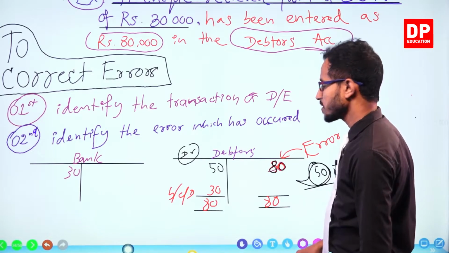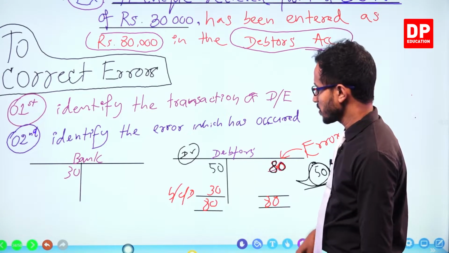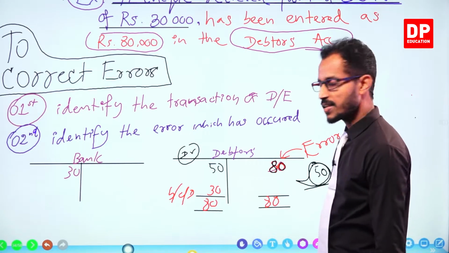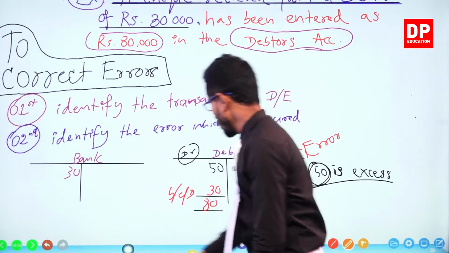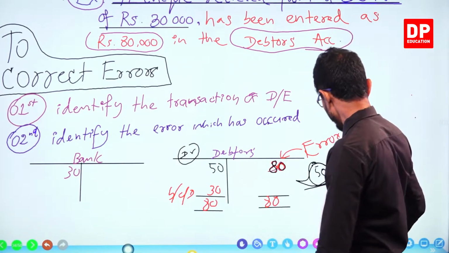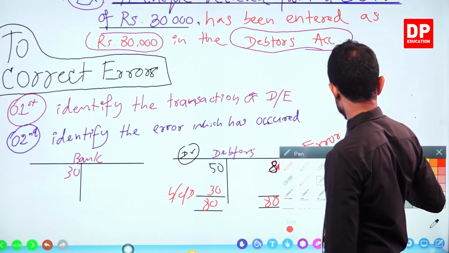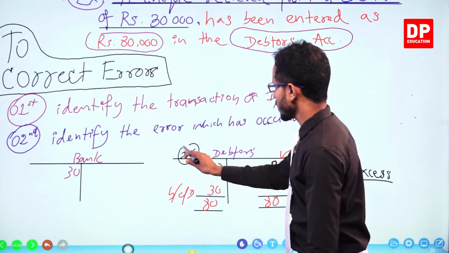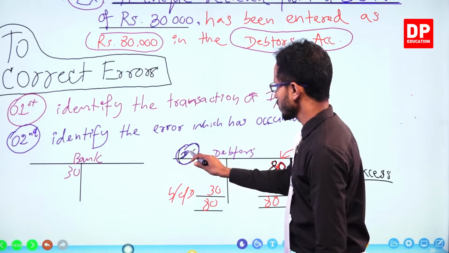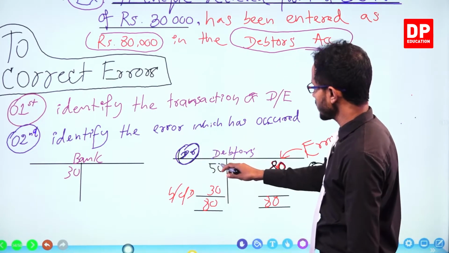That is the correct amount which should be in the debtors account. With this entry, you corrected the debtors account. What is the entry? Debit the debtors account 50.